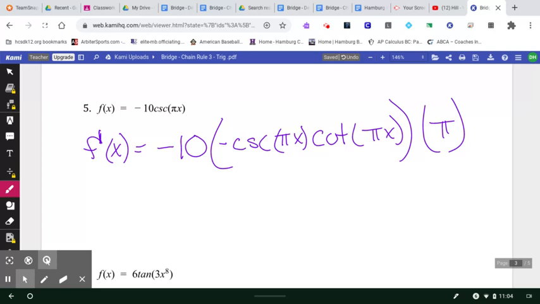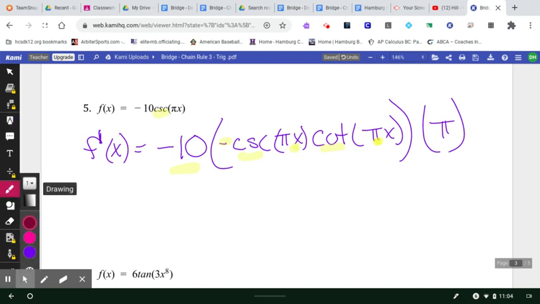All right, so take a look at my derivative. I kept my coefficient of -10. The derivative of cosecant is negative because it starts with a c, so there's my negative. Cosecant, cotangent, and again, we're doing chain rule, so we're keeping the inside. And remember, they're just going to try to mess with you. Pi is just a constant, 3.14159265, blah, blah, blah. So the derivative of pi x is linear, so just times pi.